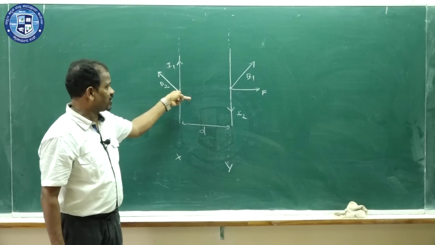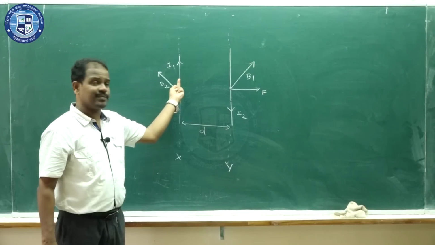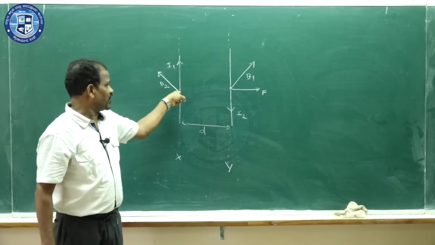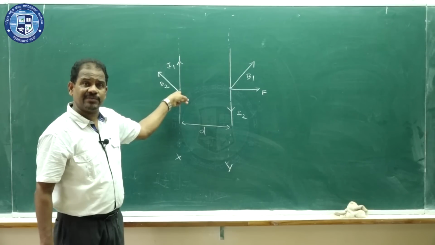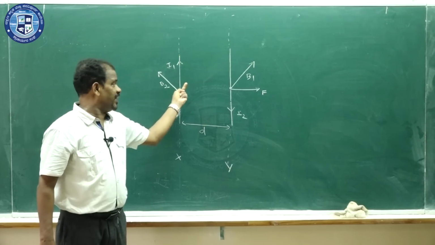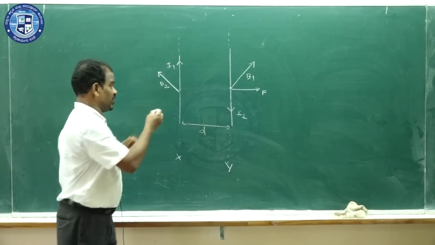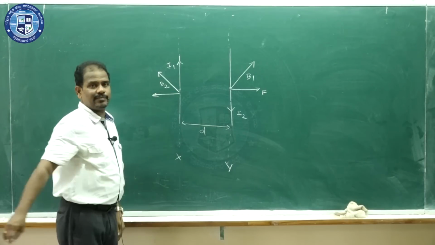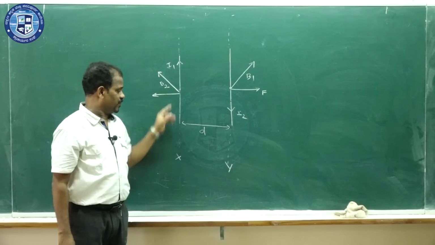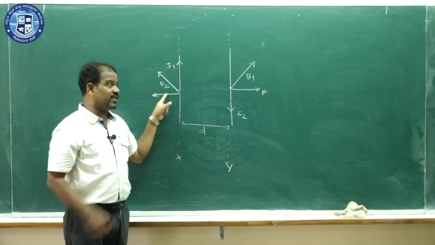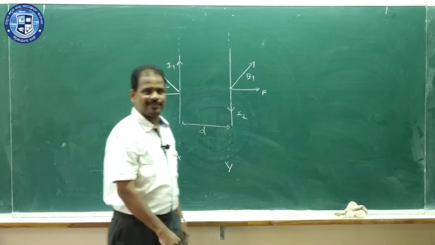Middle finger shows the direction of current, upwards. Thumb shows the direction of force. You can see it to the left, therefore this is the direction of force. This is the force on whom? Force on X, which is away from Y.